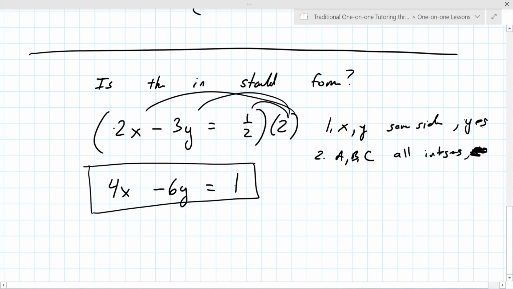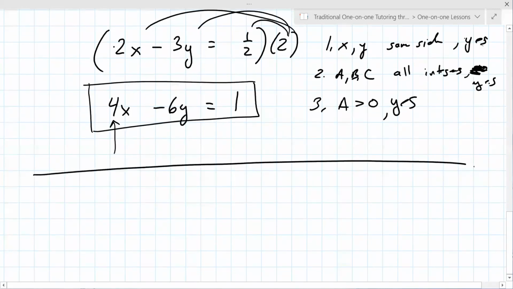Yes. Okay. Is the number in front of x positive? Yes, it is. So now you've got it. 1, 2, 3 yeses, you've got it.